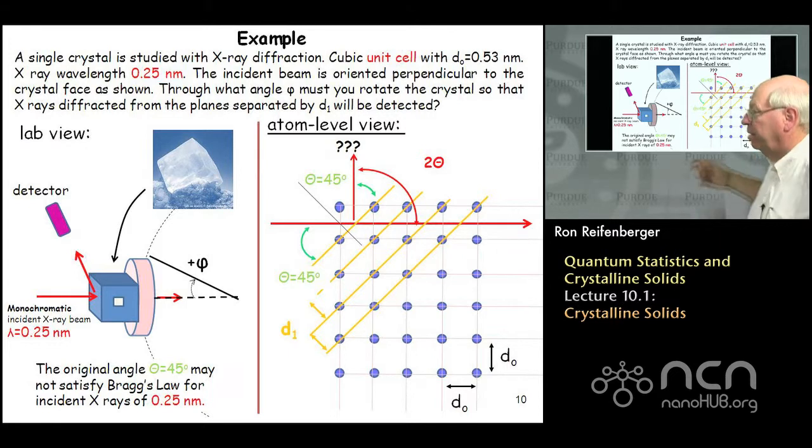Let's say we have a sample with atoms, and let's say the sample of atoms has a distance d0 between each atom, as I've indicated. So there's this square lattice of atoms present. We can define a crystallographic plane as indicated by these gold lines, right?